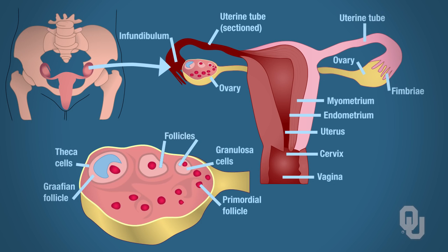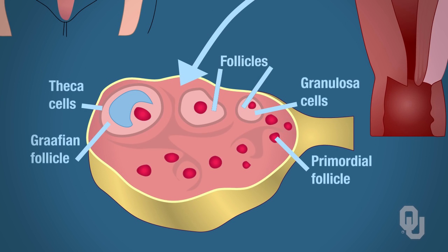Inside the ovary you have follicles, and within the follicles are developing ovum. We're going to talk a lot more about that when we get to the menstrual cycle. For now, think about the ovaries as the location for the maturing ovum.